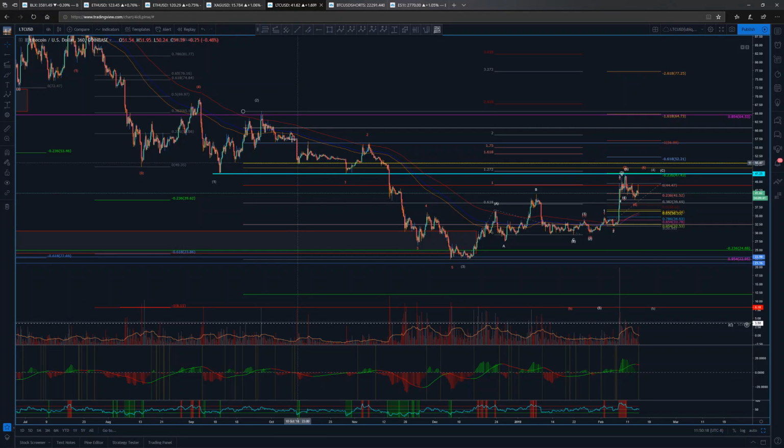If I take that straight up, that looks like a third to me. And then we get our divergence for a smaller, less strong push down. So that can give us the 1, 2, 3, 4, and 5 for the one of this third. Then we get the stronger push. Then we get this weaker push. Let me see if I can get on a smaller time frame. 2 hours.